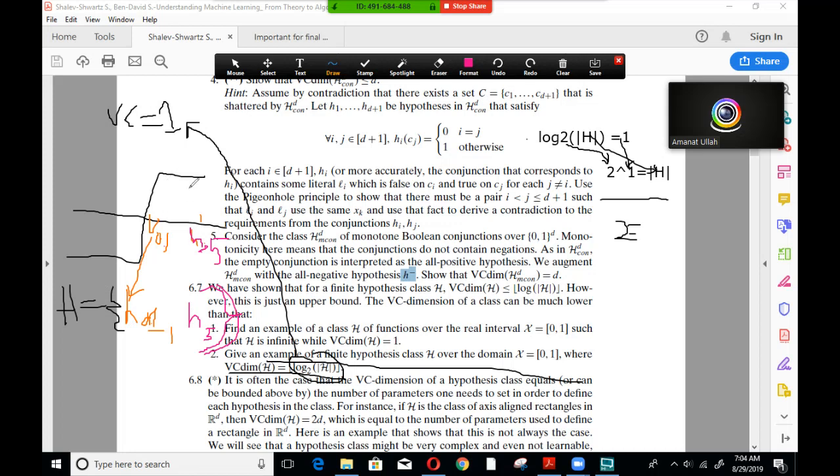By giving this example, a threshold function with two hypotheses, the second question can be answered.